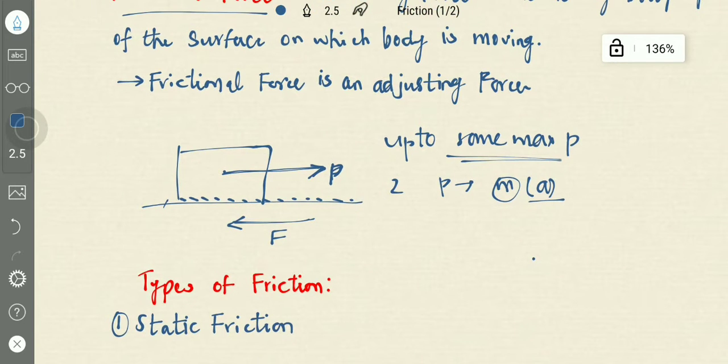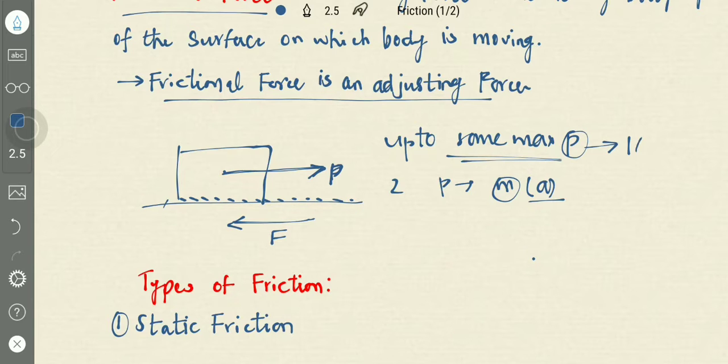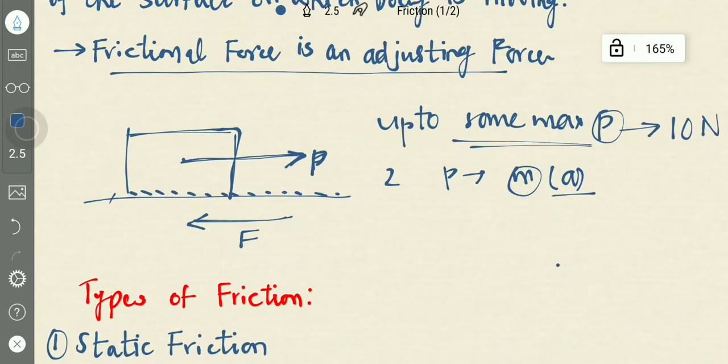And it is to be noted that frictional force is an adjusting force. Let this maximum force be 10 newtons for a body resting on a surface.